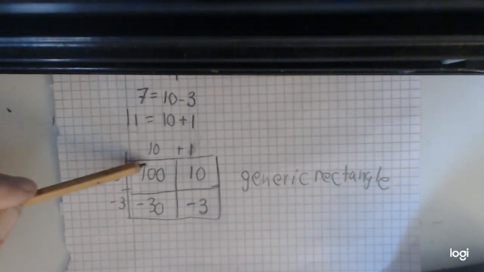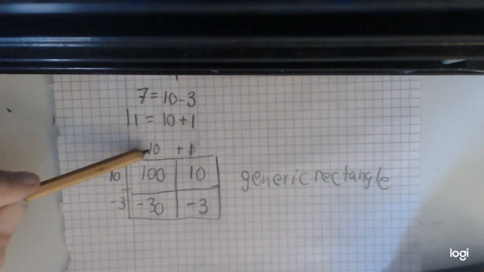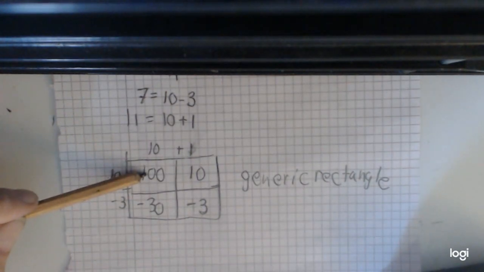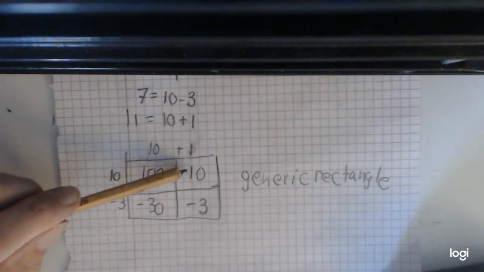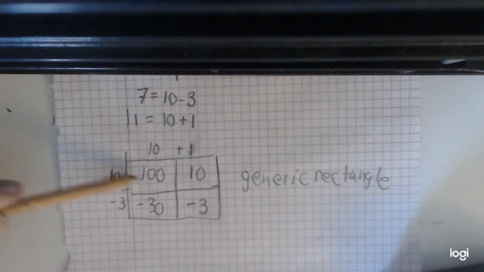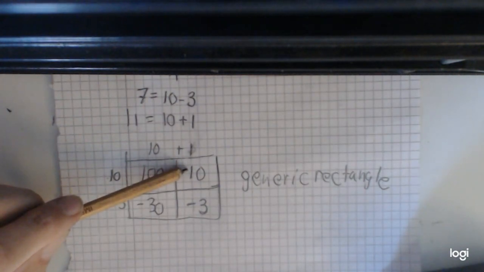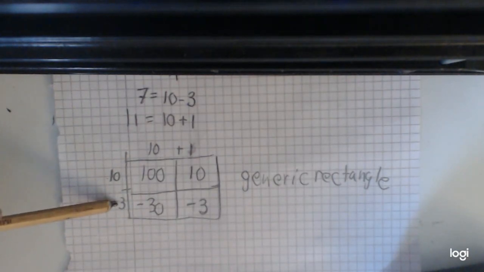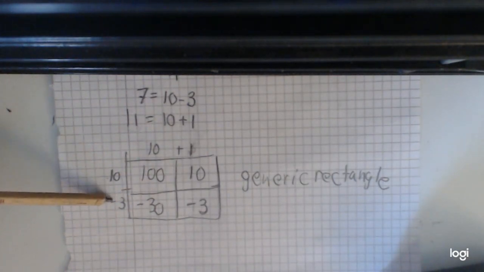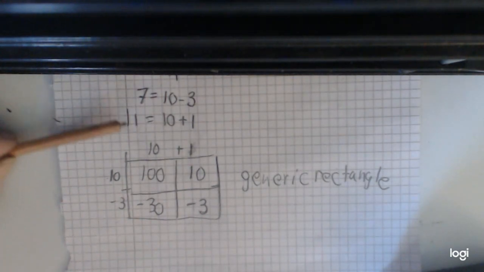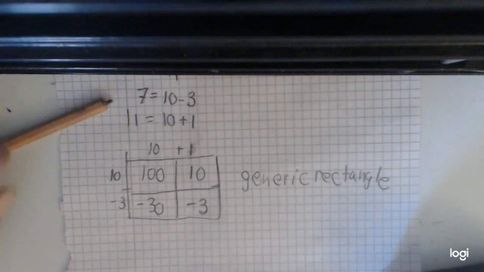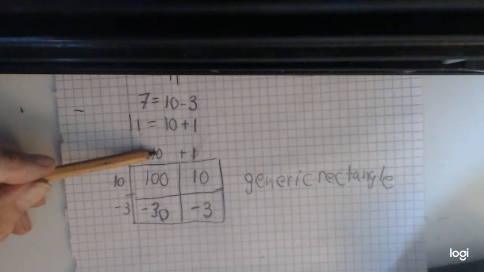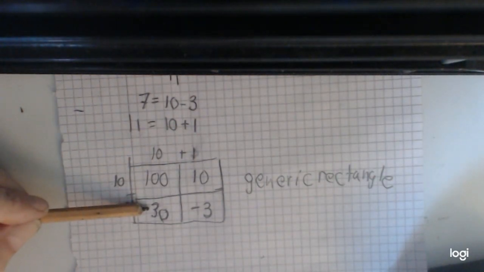So you see that this first rectangle here is 10 times 10. That's 100 area units. And this one here is 1 times 10. That's 10 area units. And this one here, look now that we have plus 1 multiplied with minus 3. It is 10 times minus 3, that's minus 30.